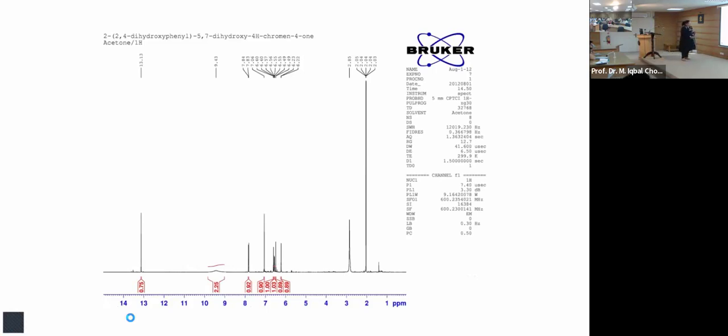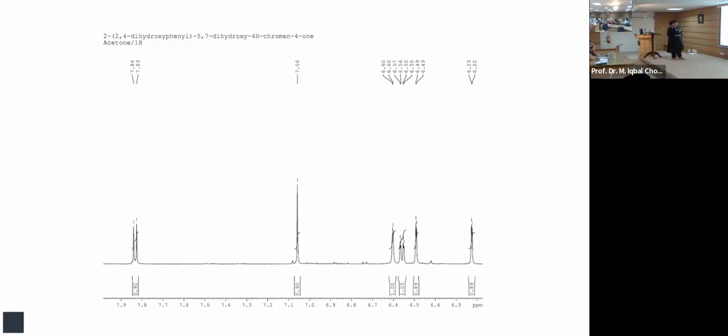Anyway, in this spectrum, this part is called the upfield chemical shifts and the downfield. What is upfield and downfield?